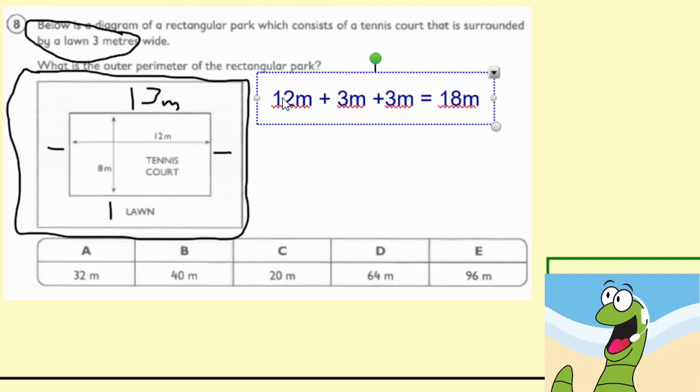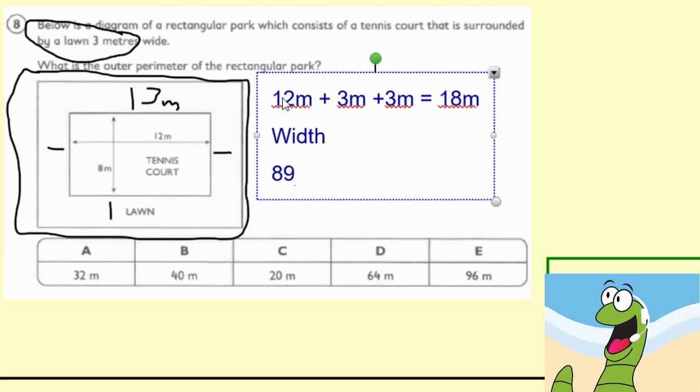Okay, that's our length. So the width is going to be 8 meters plus 3 meters, plus 3 meters, and that equals 14 meters.